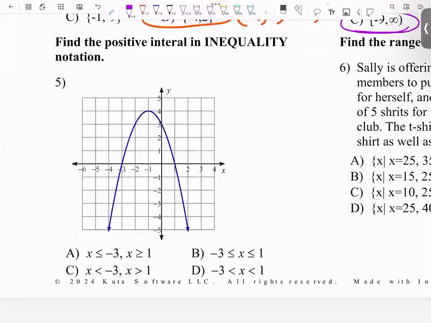All right, number 5, find the positive interval in inequality notation. So positive means it's above the x-axis, so it has a positive y value. So anytime they say find the positive interval, that's talking about a positive y value. But when we're looking at the interval, we write down the x values.